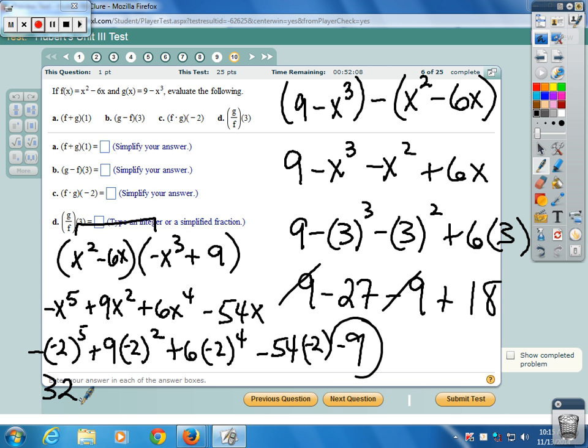Negative 2 squared is 4. 4 times 9 is 36. Negative 12 plus 108. 32 plus 36 is 68. Minus 12 is 56. 56 plus 108, 52 or 42. Somebody help me out. I got 42, but I don't know if that's right or not.